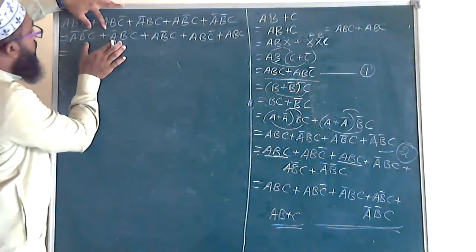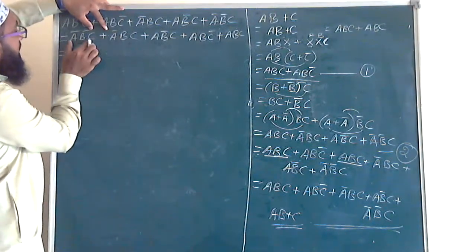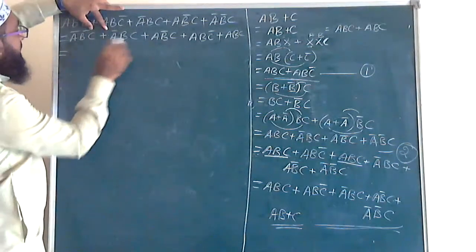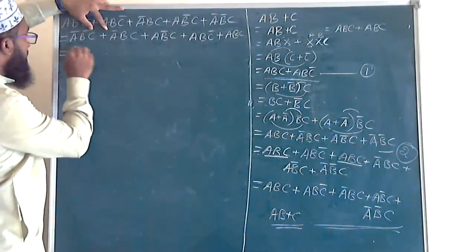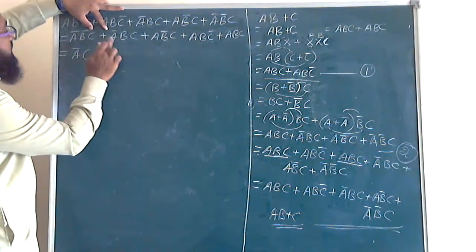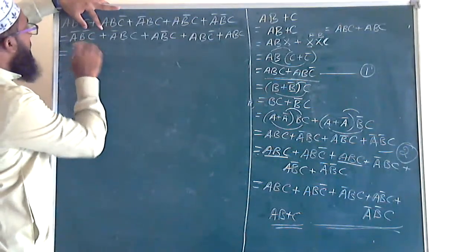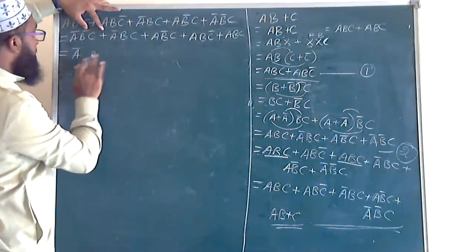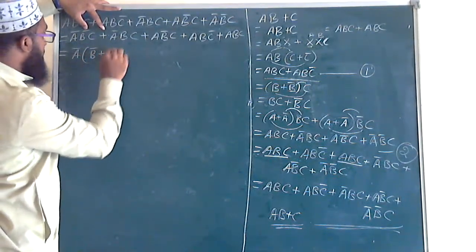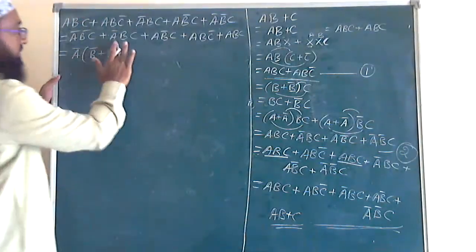In the first two terms, A bar C and A bar C are common. Write down A bar C. First term, second term: A bar is there, C is there. Then write down B bar plus B as it is. Understood? Look here.